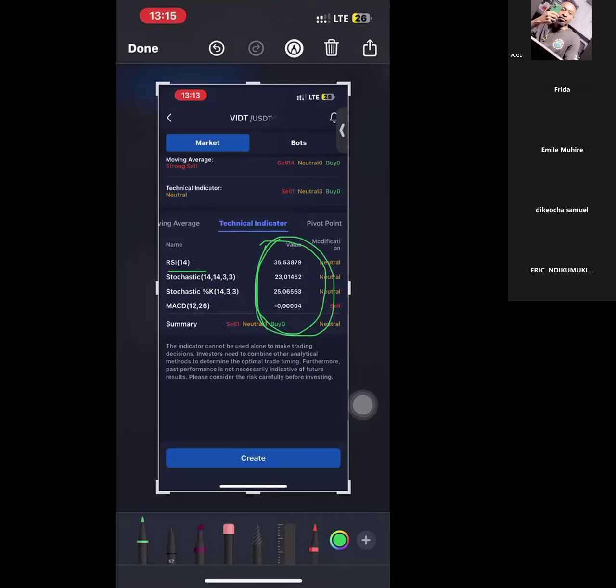Stick to the rules. Make sure all of them, all these three, they are 20 or below. 20 or below. They could be 0. They could be 5. They could be 15 or 10 or 18.